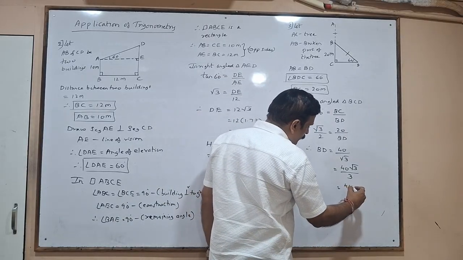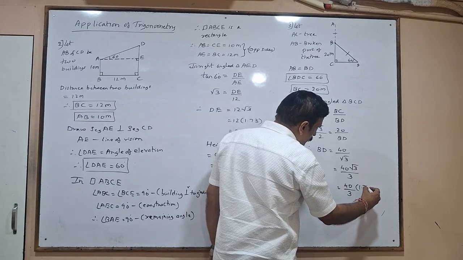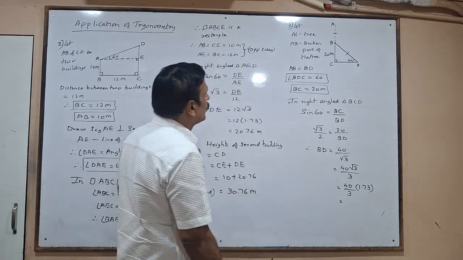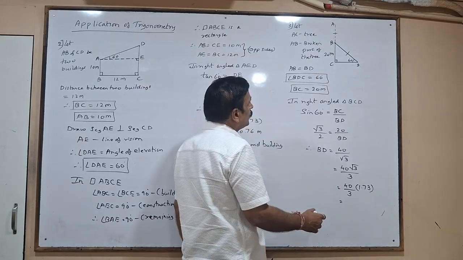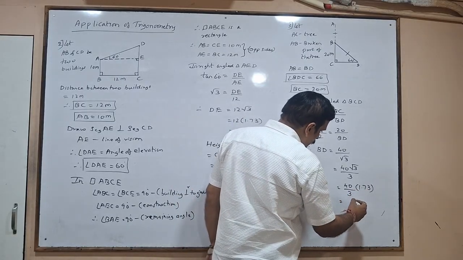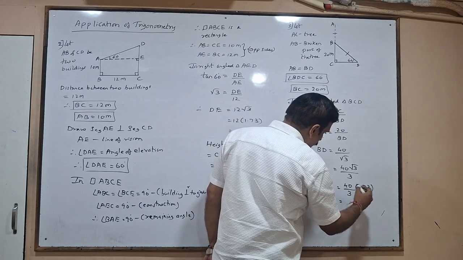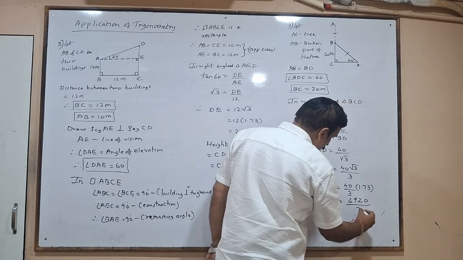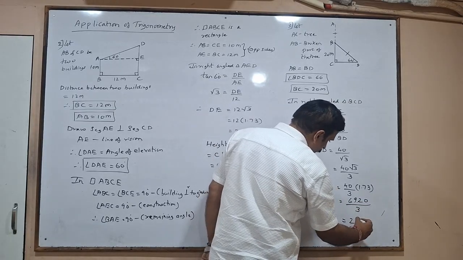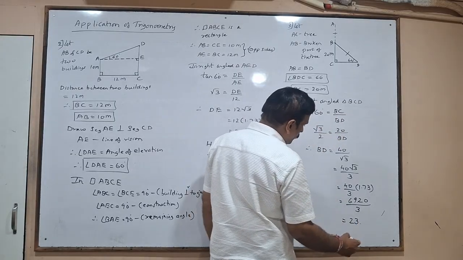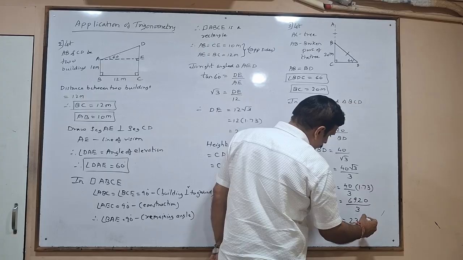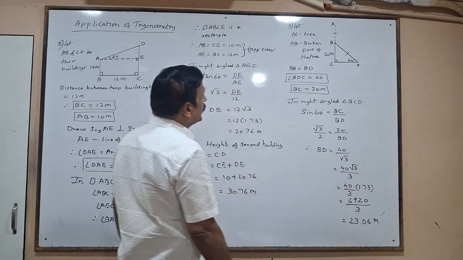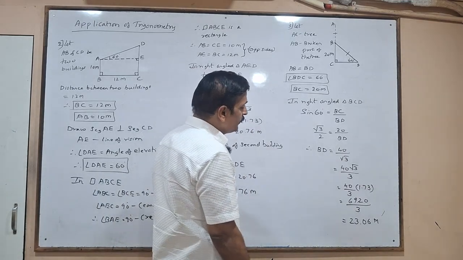We can substitute root 3 value. 23.06 meter.